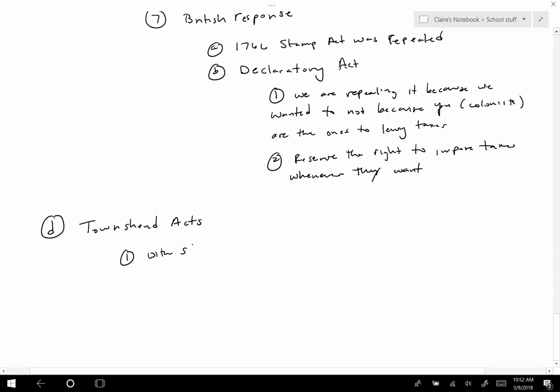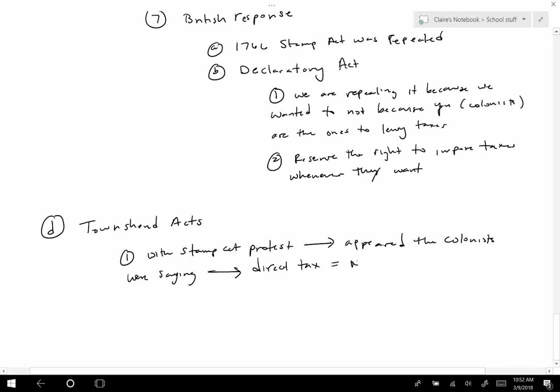With the Stamp Act protest, it appeared, and it did, it wasn't just a delusional thing the British came up with, it appeared the colonists were saying that direct tax equals no, but trade and regulation taxes, right?